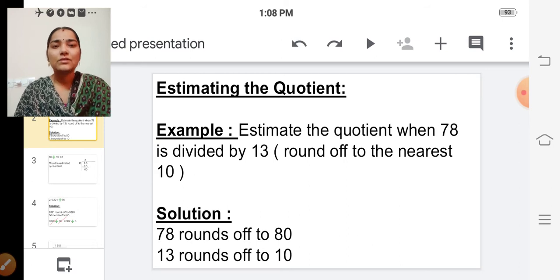Okay, so see the example. Estimate the quotient when 78 is divided by 13. Round off to the nearest 10.